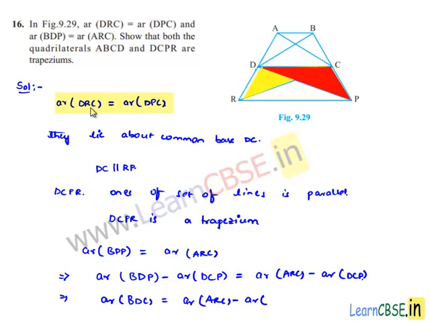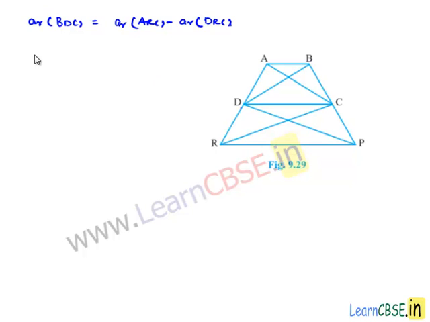DCP is equal to DRC, from the initial given condition. Now here area of triangle BDC is equal to area of triangle ARC minus area of triangle DRC, which is nothing but area of triangle ADC.